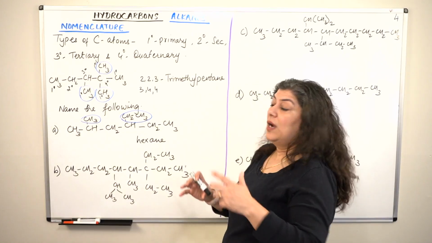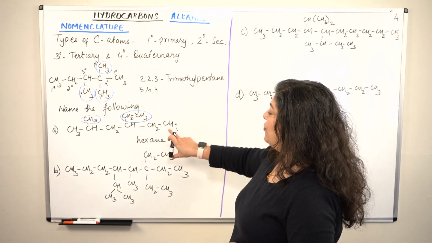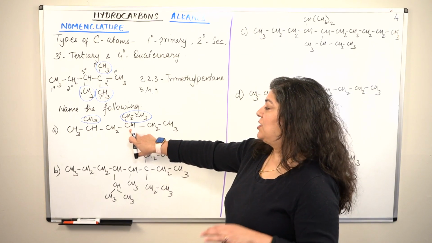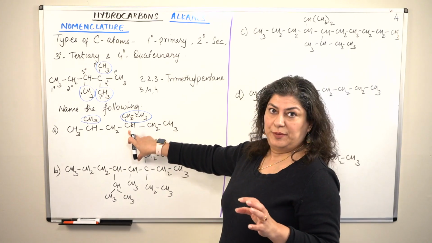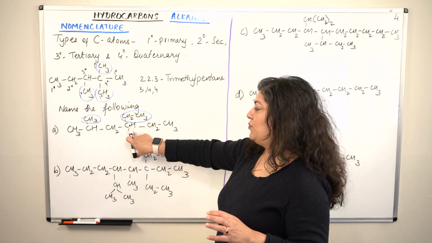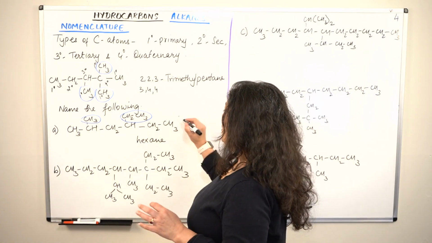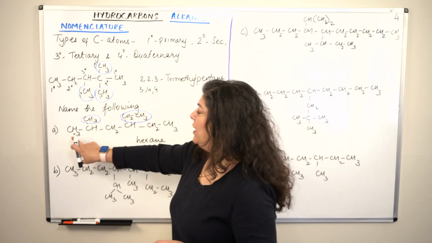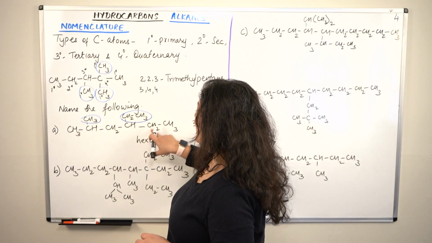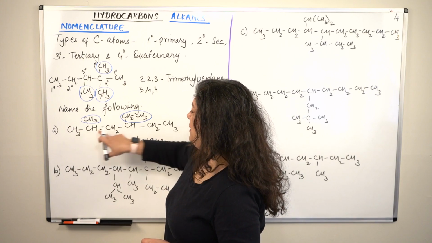And let us now allot locants. If I count from this direction, the first carbon that has the substituent is the third carbon. 1, 2, 3. This would be 3, 4, 5. So the locants would be 3, 5. And if I count from this direction, I get 1, 2, 3, 4, 5, 6. So second carbon and fourth carbon.